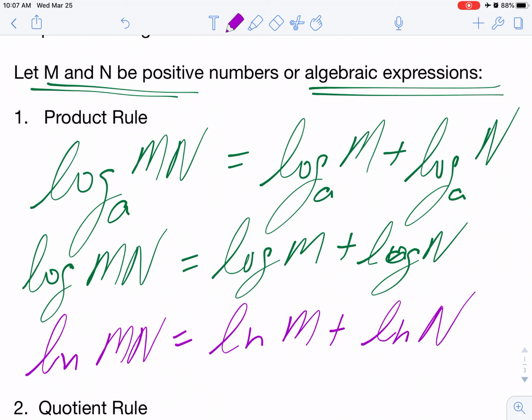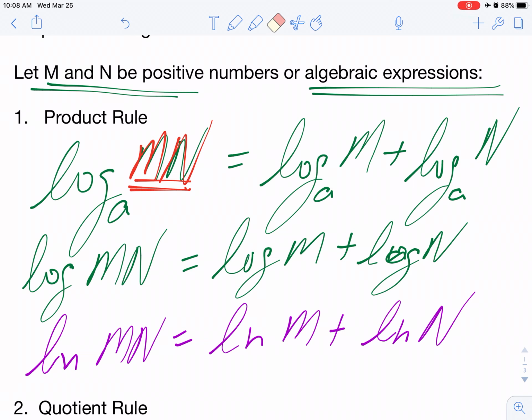But the thing to remember with the product rule is that it starts with a log expression that has, in this case, m times n. You have to notice that there is a product. mn is an expression for a product, m times n.